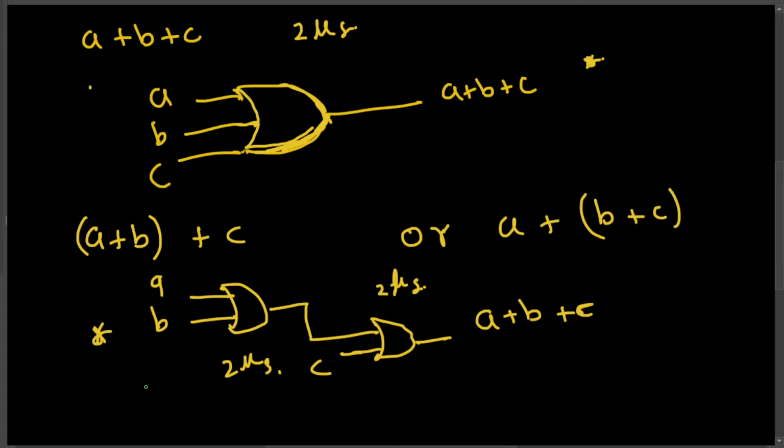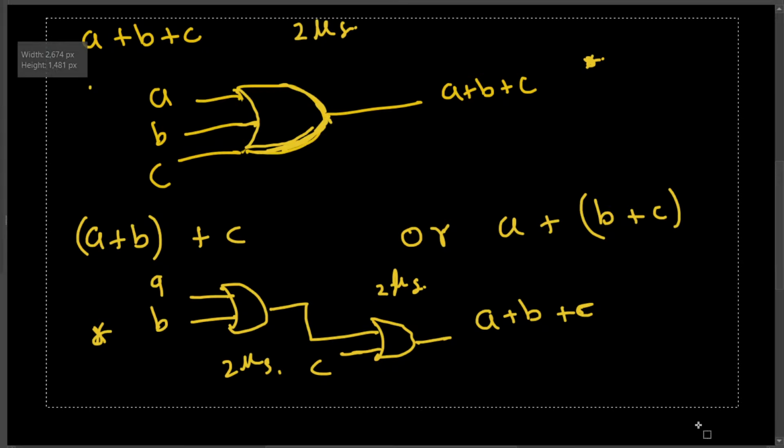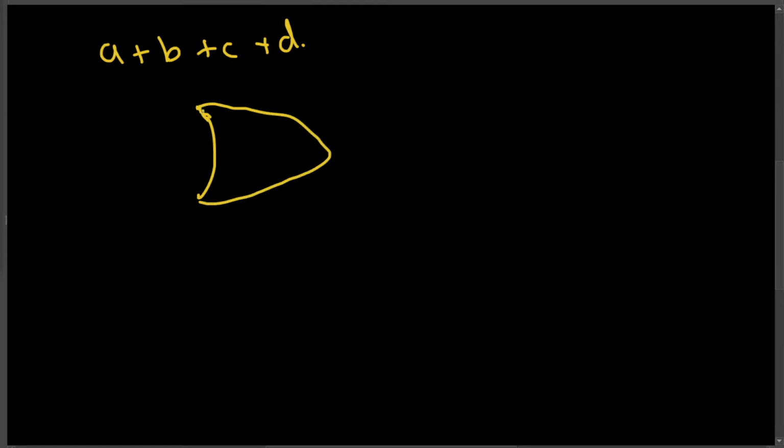Okay. Now let's look at another example. So let's say we have a 4 input OR gate, a plus b plus c plus d, and if you want to get the output, we can put it in a 4 input OR gate like this: a b c d.